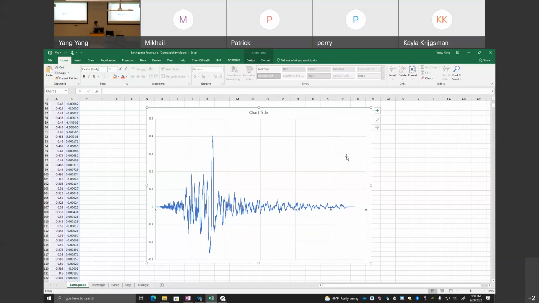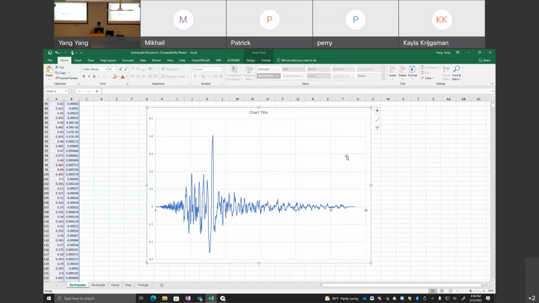But anyway, this is a typical earthquake record that you can get from a device called an accelerometer, mounted at the base of a building or any other type of structure.